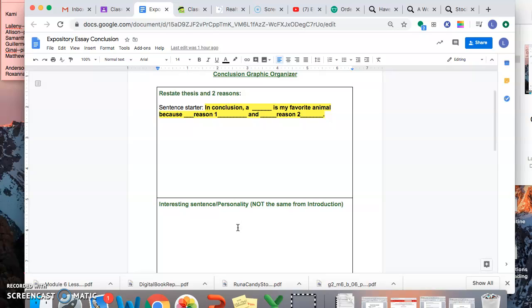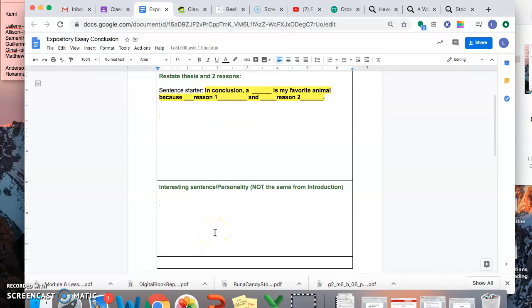So for example, if you put in your introduction that your favorite animal was a panda, and you said a panda is as soft and cuddly as a blanket, you cannot say that here because you already used that. You have to come up with a new, interesting, some kind of new personality sentence that's going to end it. It has to be strong because it's ending your essay. This is the last sentence of your entire essay, okay? So that's what's going to go here.